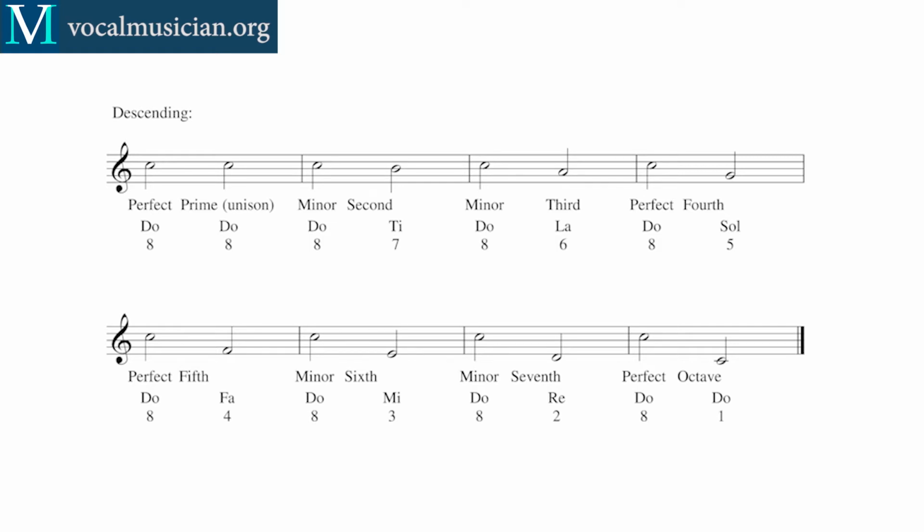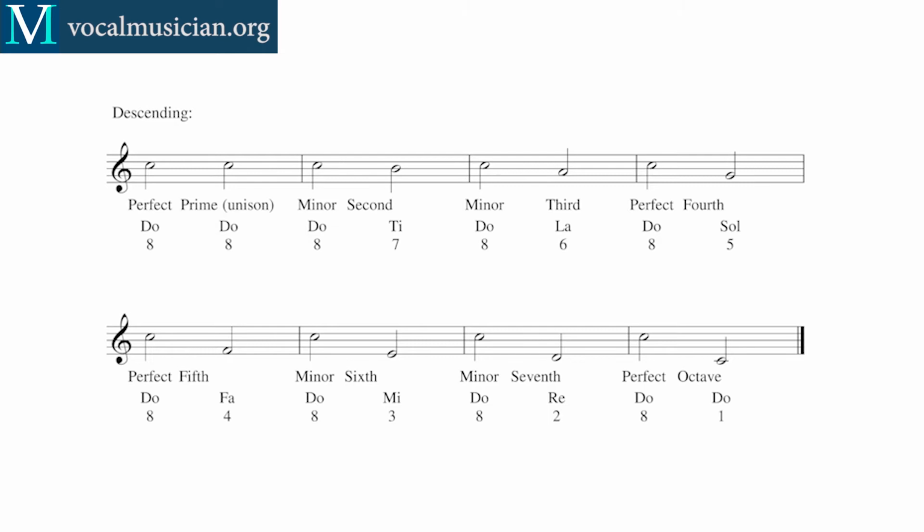From the 8th scale degree, 8, 7, 6, 5, that distance is called a perfect fourth. 8, 7, 6, 5, 4, from the 8th to the 4th scale degree, that distance, again going down, is called perfect fifth.